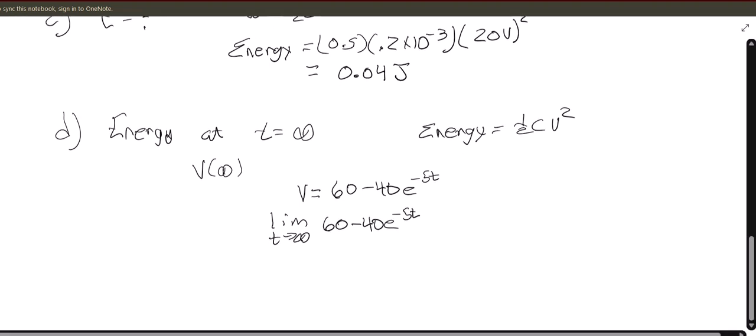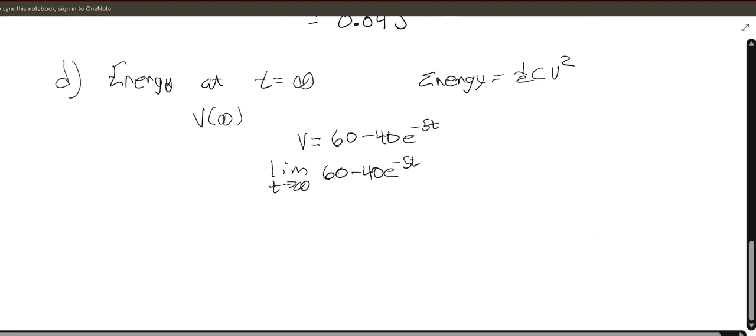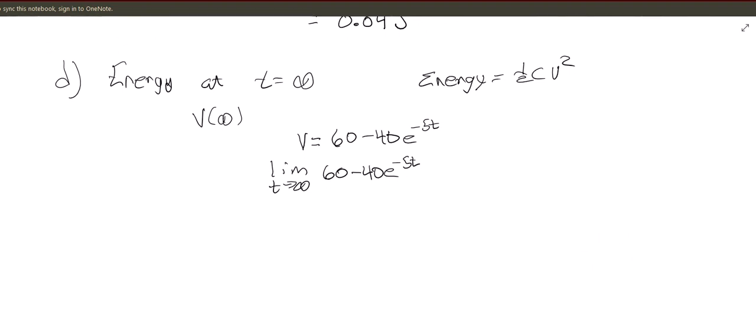Note that when you have a negative exponent, e to the negative infinity is 0. If you don't remember from calculus, let's just look at this. e to the negative infinity is the same as 1 over e to the infinity. Think about 1 over a really, really big number. That's really close to 0.